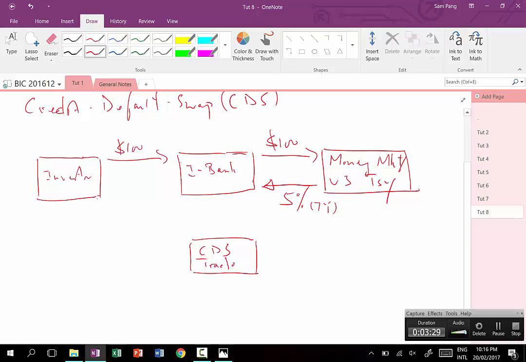Now, what you can do then is you go to the credit market, and you also get in touch with a CDS trader, and you sell protection based on 100 million notional. Let's say that the investor wants an exposure to China Airline. Let's just say, it doesn't really matter.